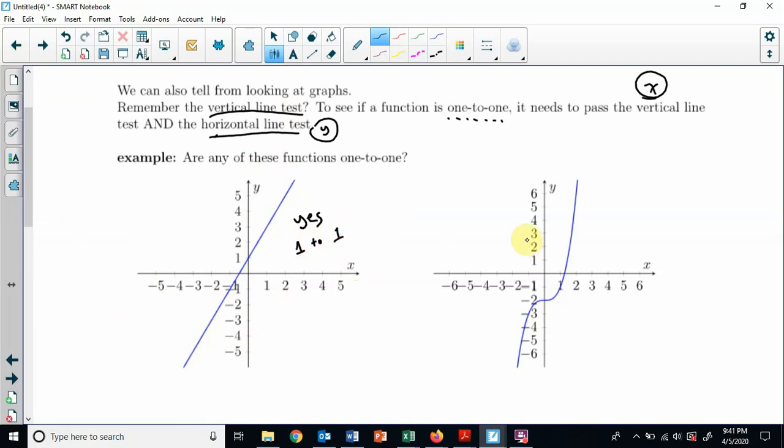How about over here? No matter where you draw a horizontal line, the most you can cross it is 1. No matter where you draw a vertical line, the most you can cross it is 1. So there's no cheating y values, there's no cheating x values, so yes, this one's 1-to-1.